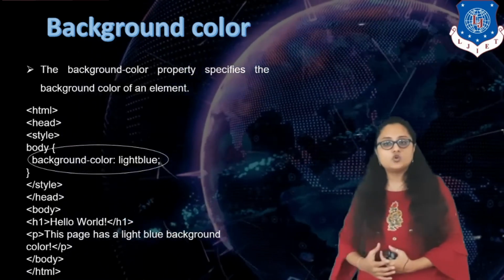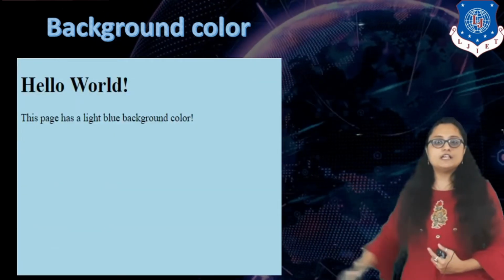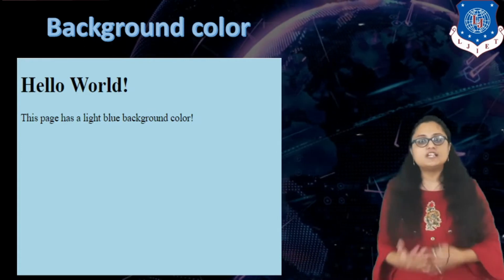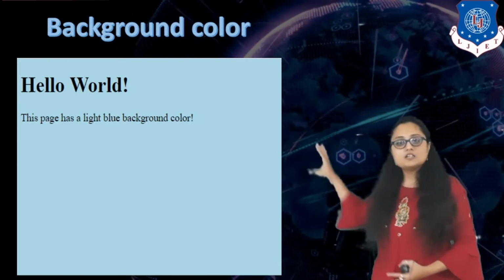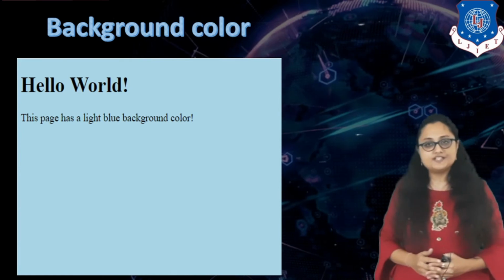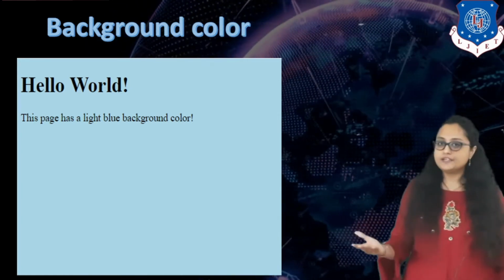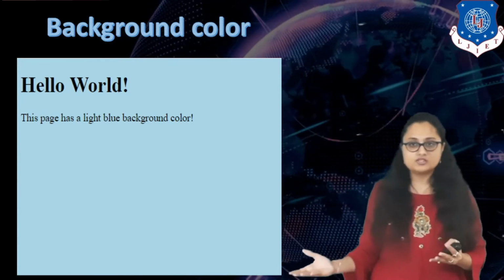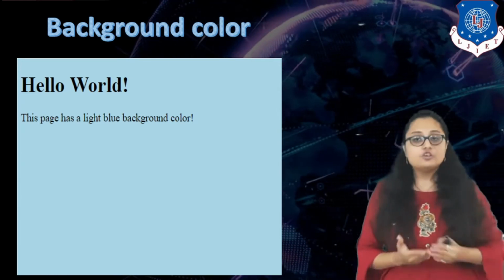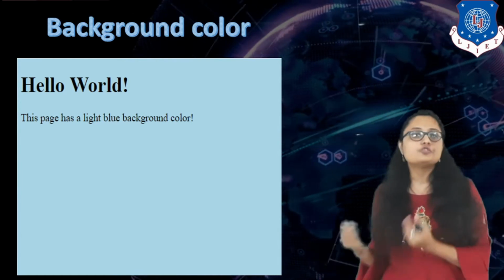We are giving background color. So the output is this, in which the body's background color changes to light blue, but the font color remains the same, that is black. Clear? Also in background color, you can use any of the methods, that is you can use the color name, you can use the hexadecimal value, or you can use your RGB format.